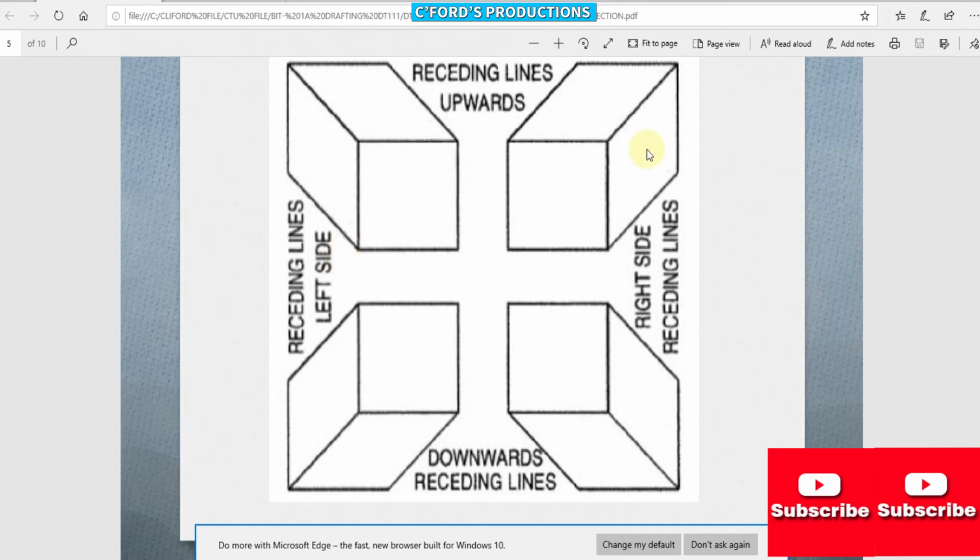Also this second example, the receding lines are upwards but in the right side. Also this sample, the receding lines are going downwards, but the location is in the left side. So the last example is downwards, but the receding lines also in the right side.